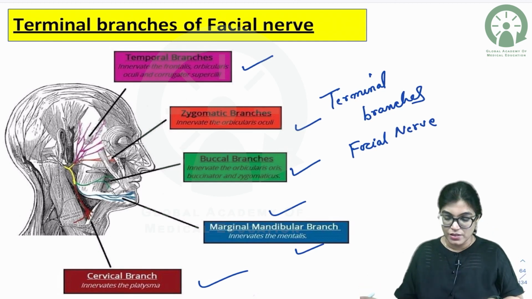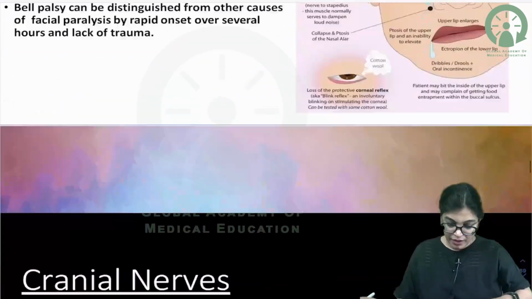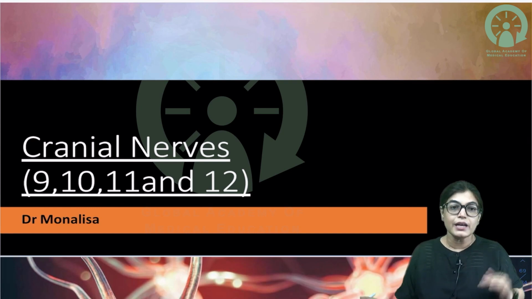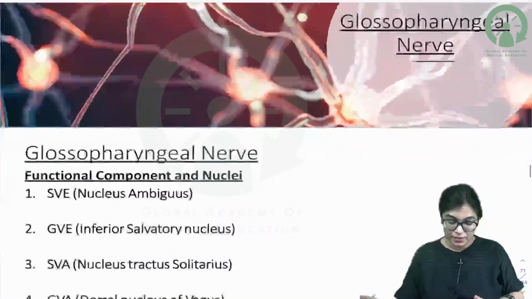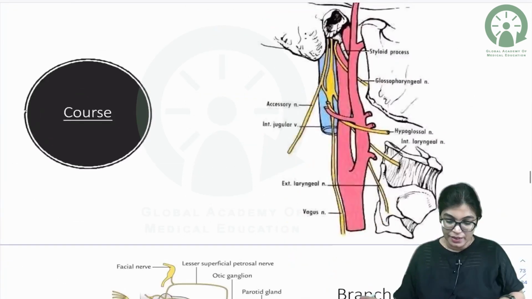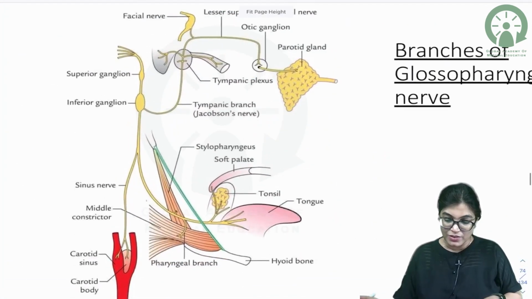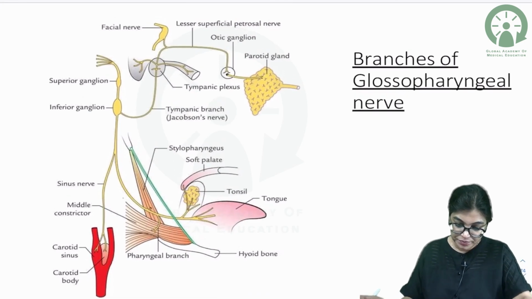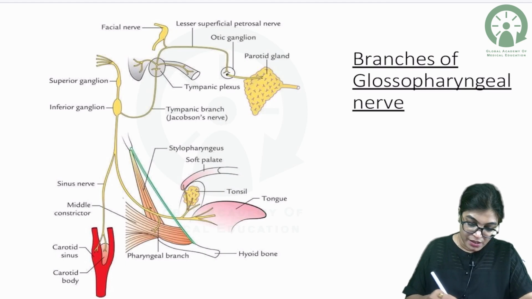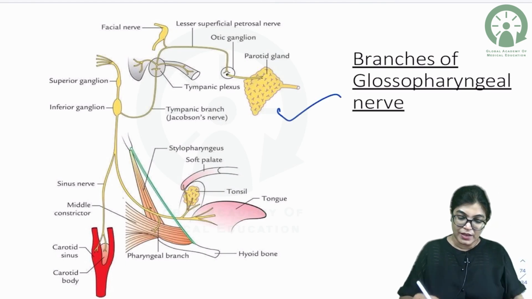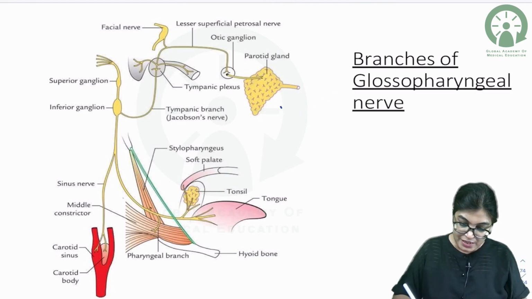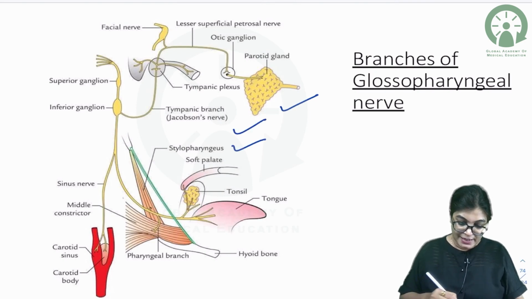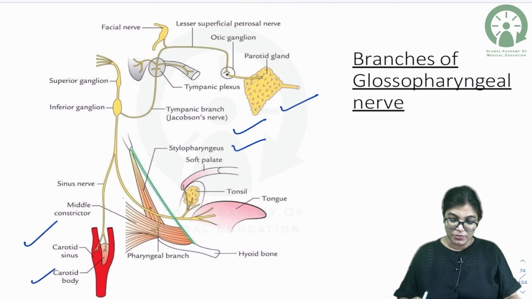Let's talk about the next cranial nerves. The 9th, 10th, 11th and 12th I will talk about together. The 9th cranial nerve is the glossopharyngeal nerve. Its branches: it supplies the parotid gland via the auriculotemporal nerve, forms the tympanic plexus, supplies stylopharyngeus, and gives a branch to the carotid sinus and carotid body, and a pharyngeal branch.